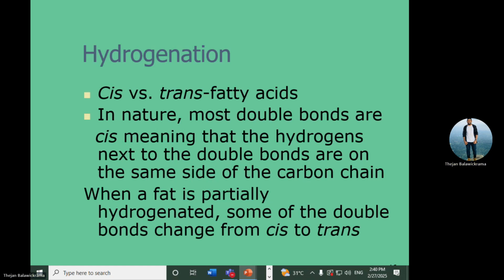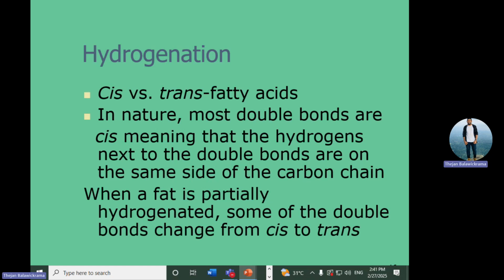Now what do you see? We have equal groups on the same side. Equal groups on the opposite side. That is in terms of hydrogen. Even in terms of methyl, the CH3 group is on the same side, equal, and here equal groups are on the opposite side. Equal groups on the same side, equal groups on the opposite side.